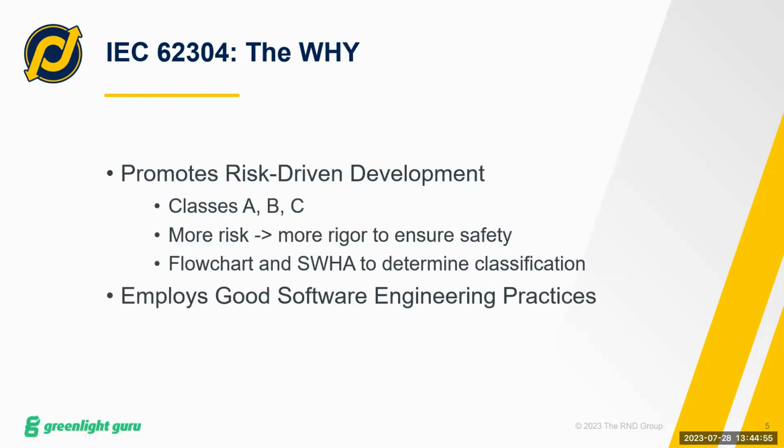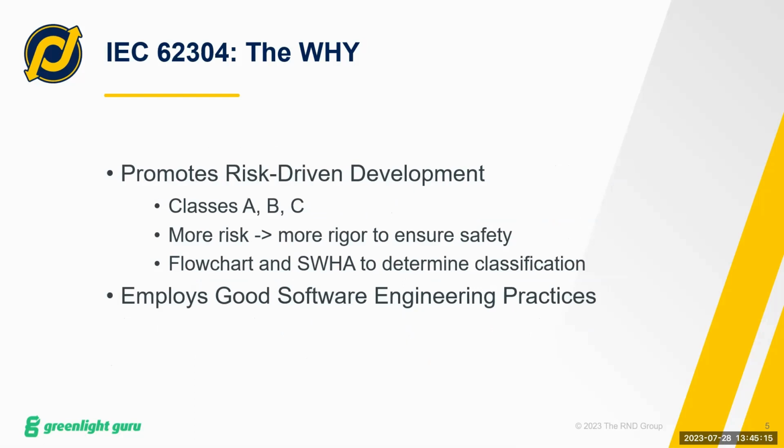Reasons why you want to adopt it is it promotes risk-driven development. And so it gives you different process activities and tasks that you complete based on the risk of your software item or your software system. And they have classes from A, B, and C. A being lower risk, C being higher risk.